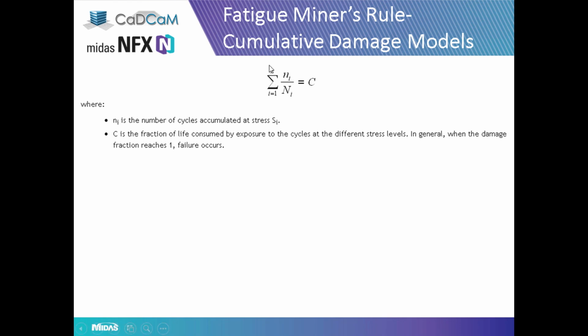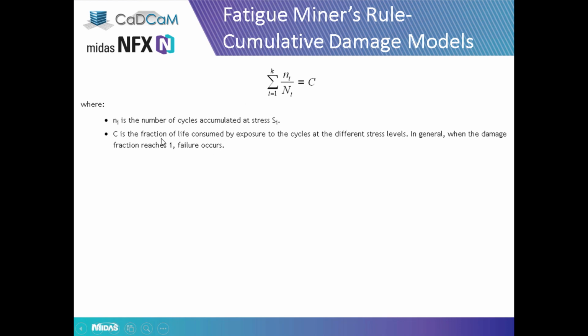We can analyze fatigue in MIDAS by the Miner model and many other models which are elaborated in MIDAS. So the calculation of Miner is based on the sum over i equal 1 to k of n_i, which is small n_i, over big N_i, and this is equal to a constant.